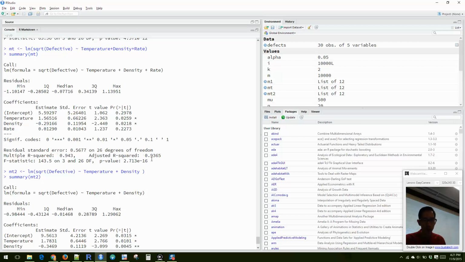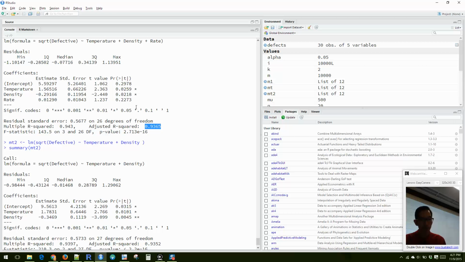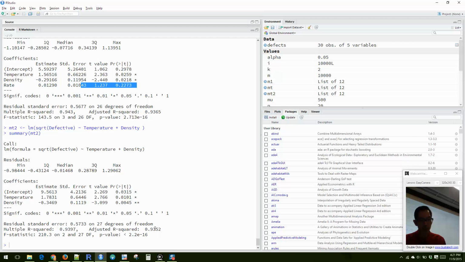We can see the adjusted R squared value is 0.9365, and if we remove rate, the adjusted R squared value is hardly affected, 0.9352. So removing an extra variable doesn't reduce our model's ability to explain the variance in y. That's a good thing.